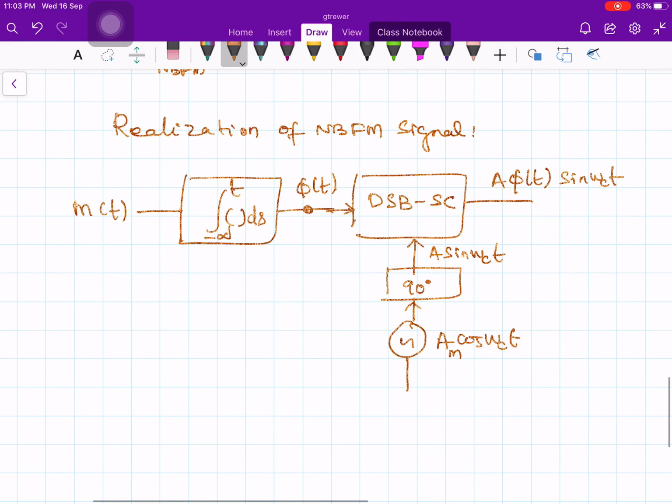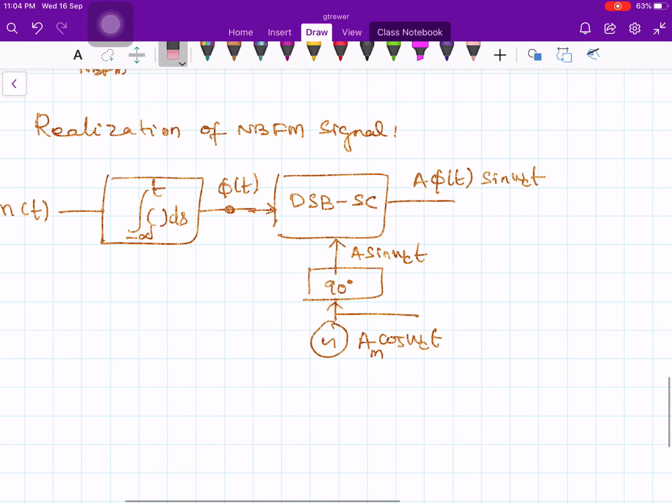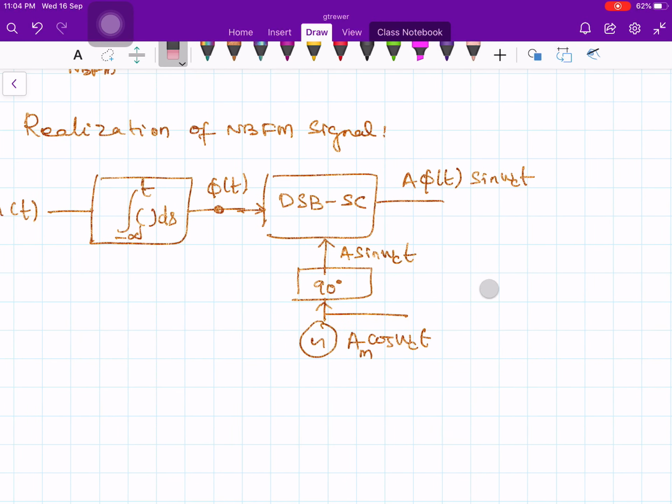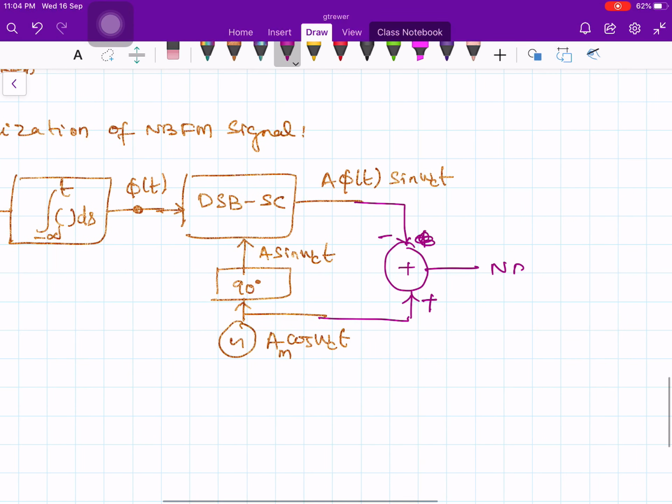Now here you are getting A times cosine omega ct. Both are given to an adder. You put a plus symbol here, and here you put minus. This is your narrowband FM signal.